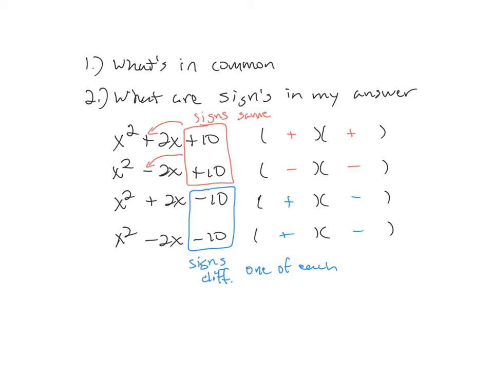All right. So let's look at a problem or two now. Okay, so, is there something in common? There's not going to be in any of the problems today, so don't even worry about it. So then what are the signs going to be? The last term's positive. That means the signs are the same. The 7 is positive.